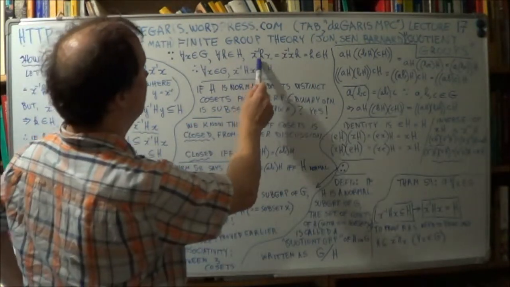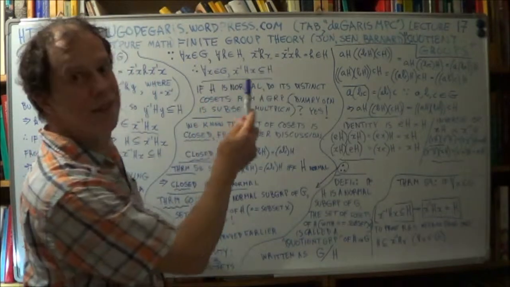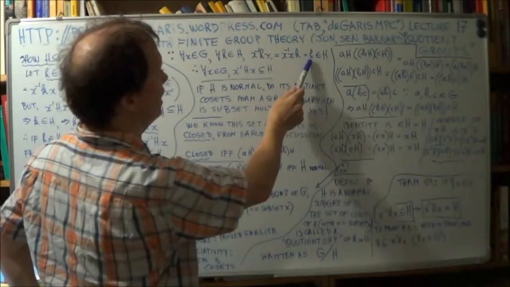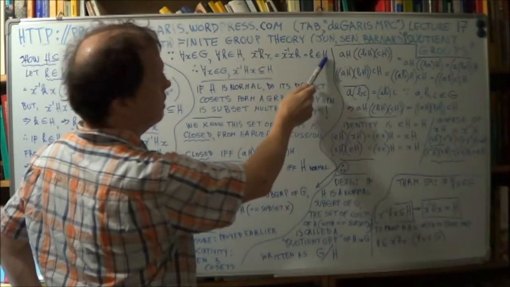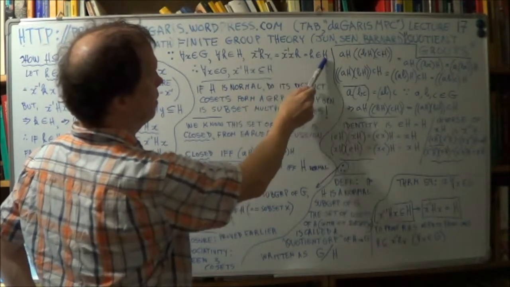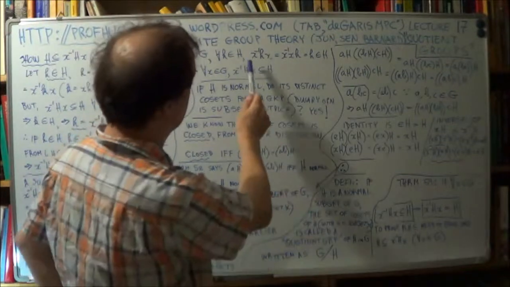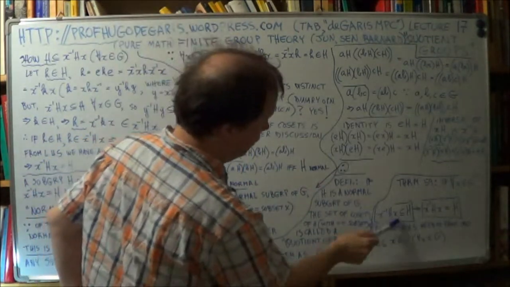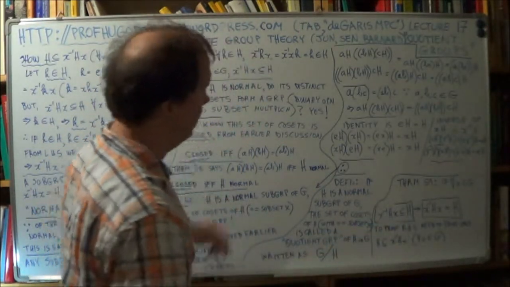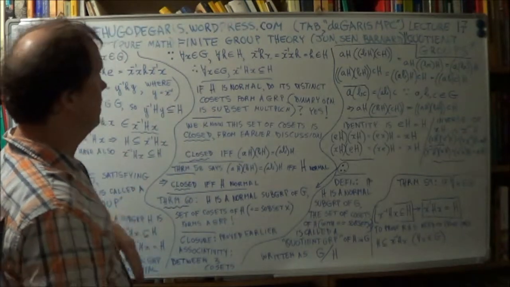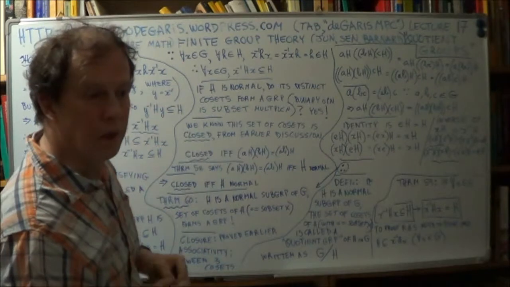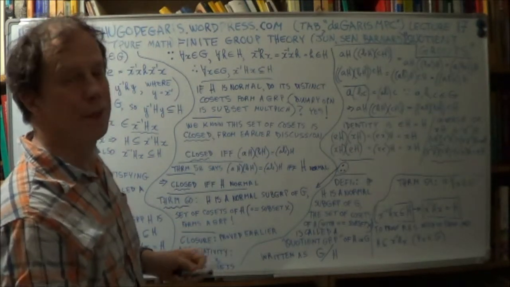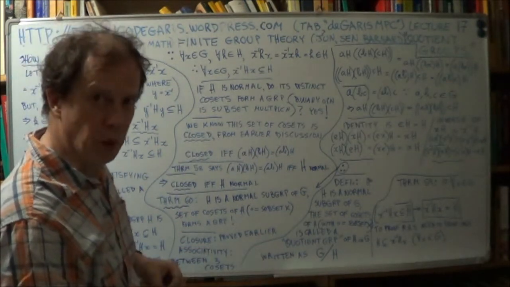So that means this, no matter what x is, is just equal to h. And since h belongs to the subgroup, this will belong to the subgroup, right? And that's true for any element x. So therefore, for an abelian group, all subgroups are normal.